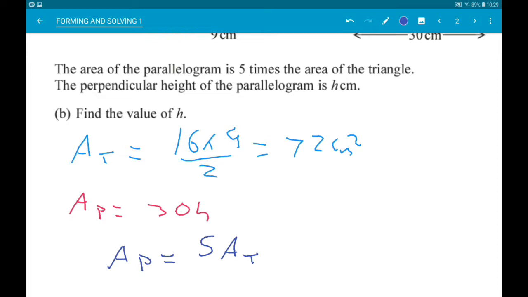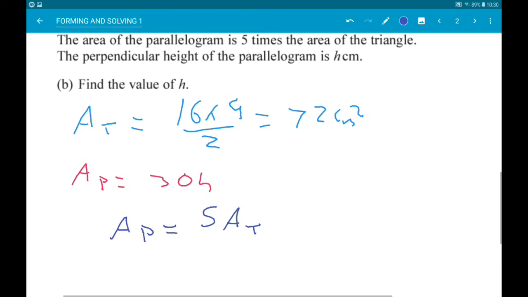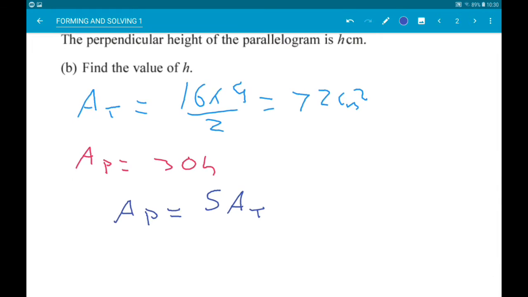So the area of the parallelogram is 5 times the area of the triangle. If we substitute in the two areas, we get 30h is equal to 5 times 72, which is 360.